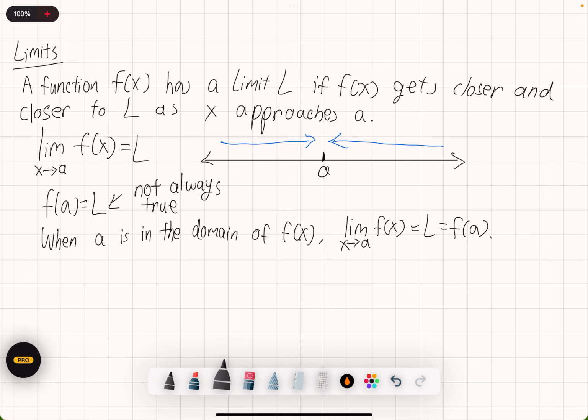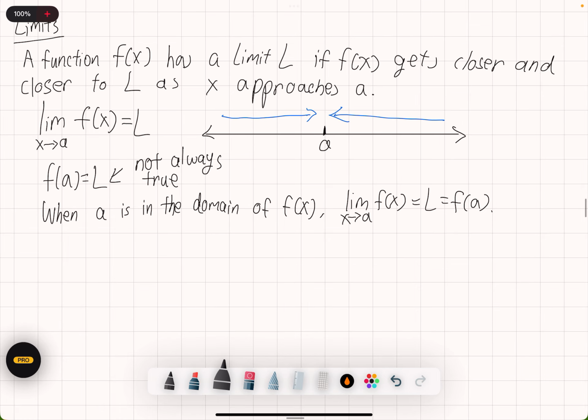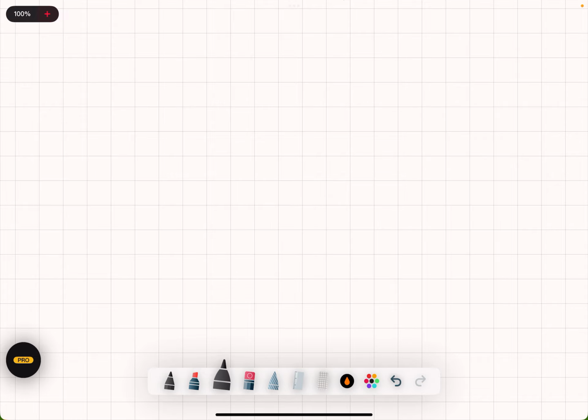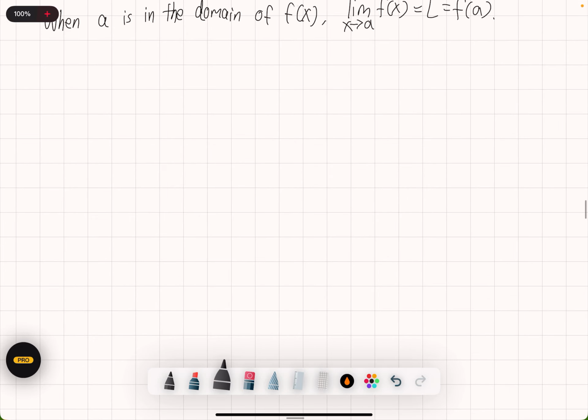What this means is that we also have a few properties and theorems of limits. So let's talk about them. The first property we have here is that the limit of k as x approaches A is k.